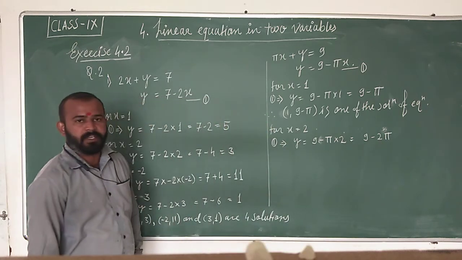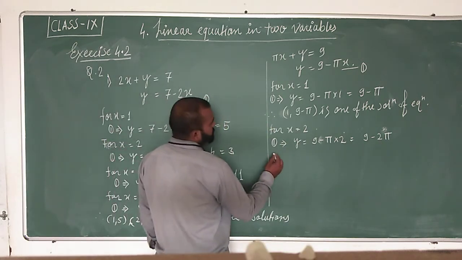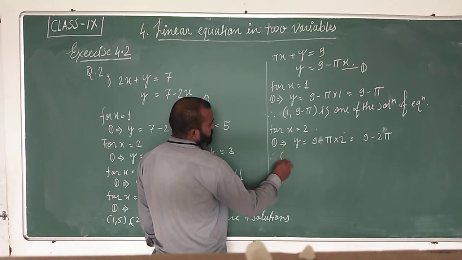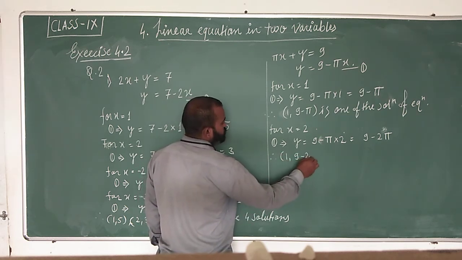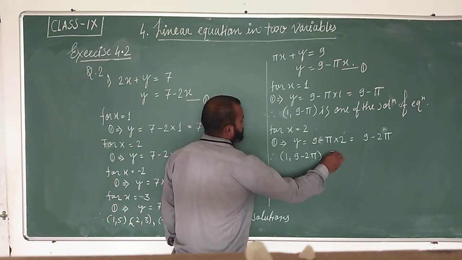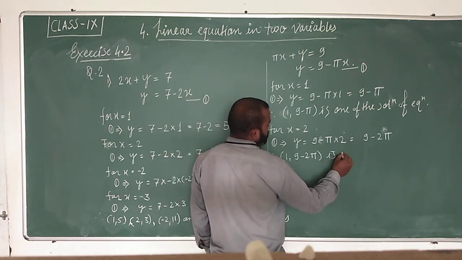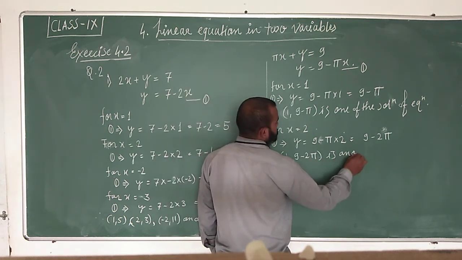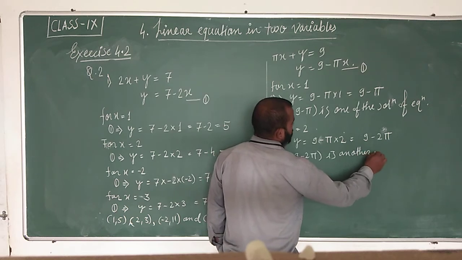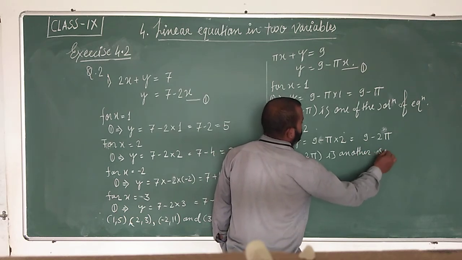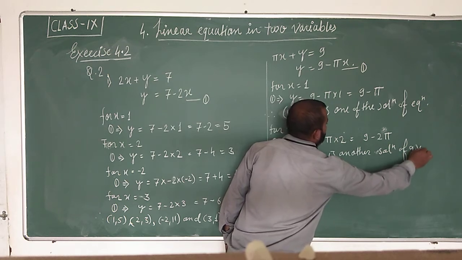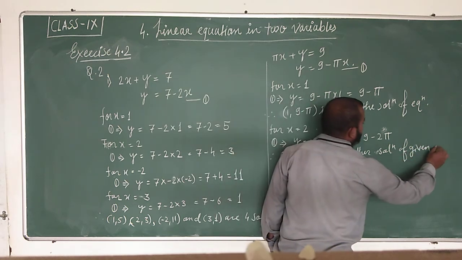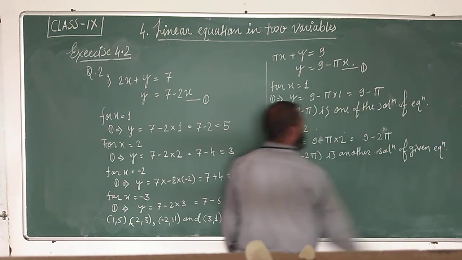Therefore 2 comma 9 minus 2 pi is another solution of the given equation. Correct? Like this, I have put 2 values.